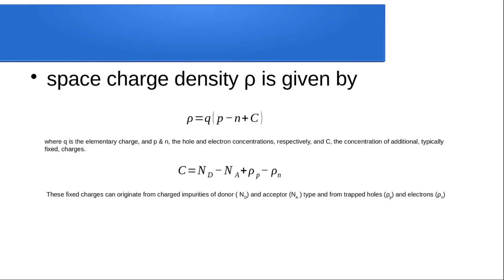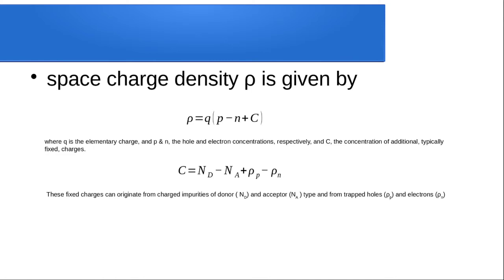Similarly, the acceptor impurity has accepted an electron, so it has become a charged acceptor impurity. Similar to that, there are other additional charges like the trapped holes rho p and trapped electrons rho n.